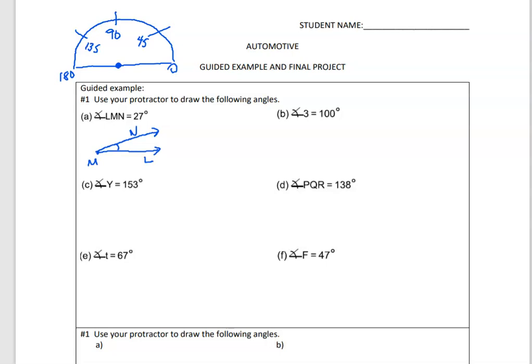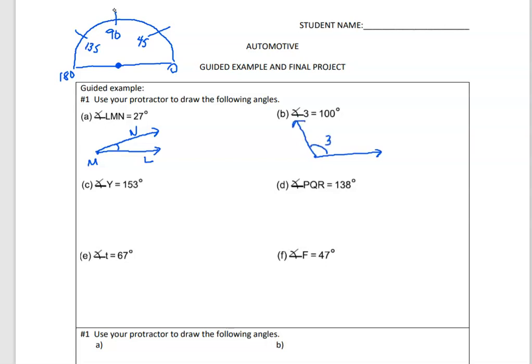Okay. Angle 3 says that it is 100 degrees. Well, if I started at 0 and I go to my angle and I go up to 90, I know I need to go a little bit past 90 to get to 100. So angle 3 is going to look something with a little bit more than 90 degrees.